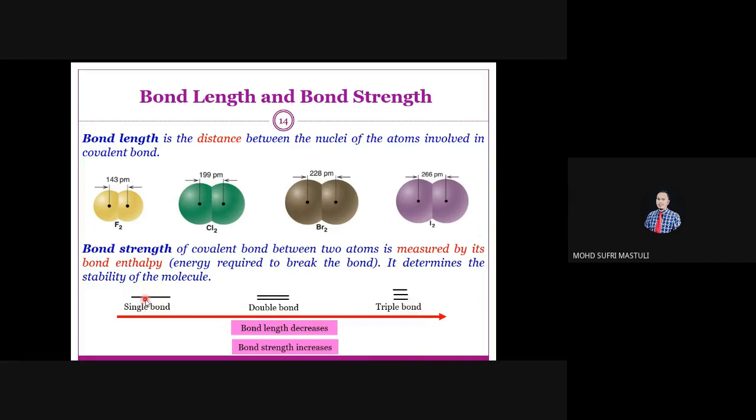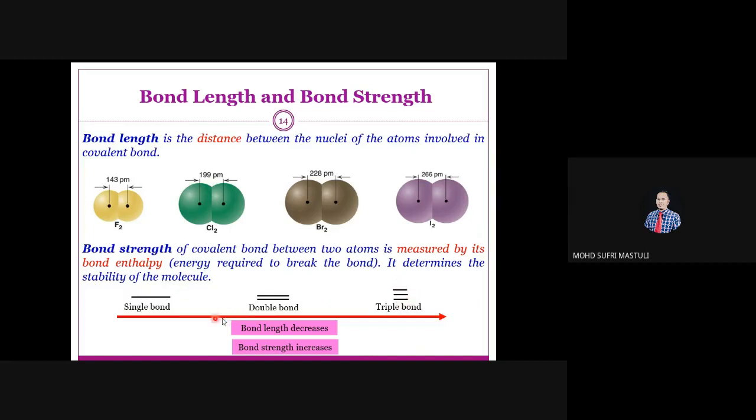When you compare the single, the double, and the triple in terms of length, the single is normally long, but the triple should be the shortest. This is why the skinny person is normally tall, and the fat person is normally a bit shorter.